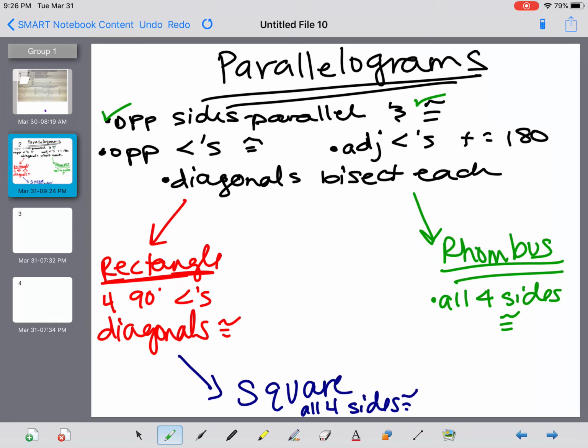So it has opposite sides parallel, opposite sides congruent, opposite angles congruent, adjacent angles that add to 180 degrees, and diagonals that bisect each other. And adding to that, all 4 sides are congruent and the diagonals are perpendicular, just like squares.